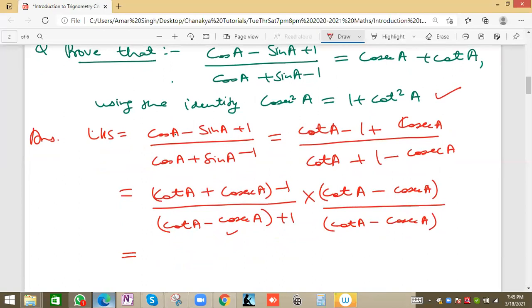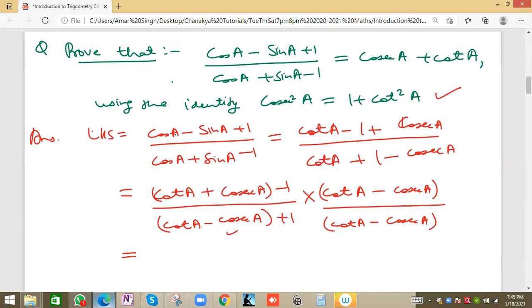See, one by one we have to multiply. Cot A plus cosec A will multiply with this cot A minus cosec A to give the value cot square A minus cosec square A, in bracket, and minus 1 into this value.